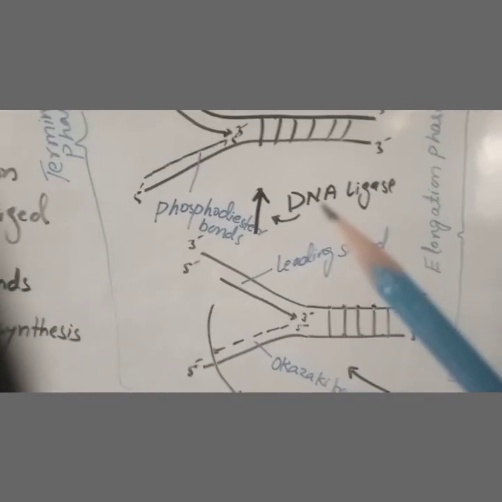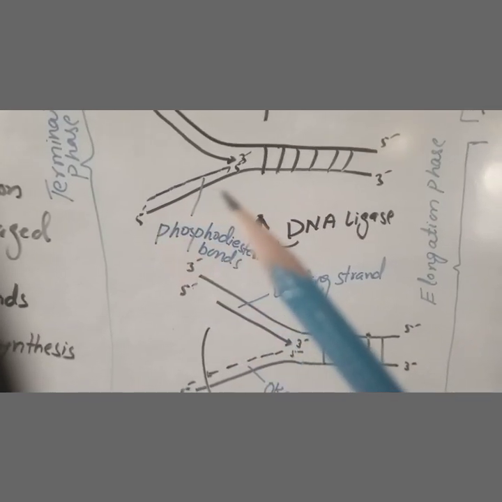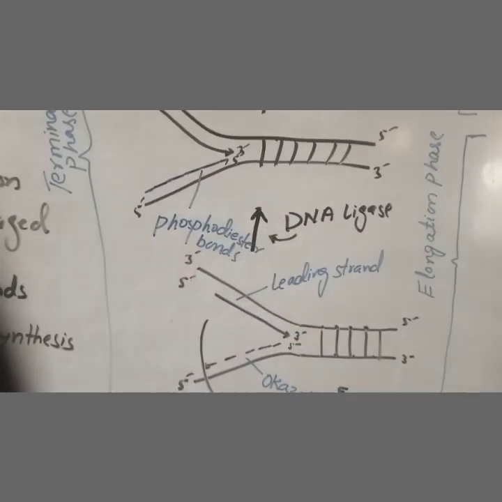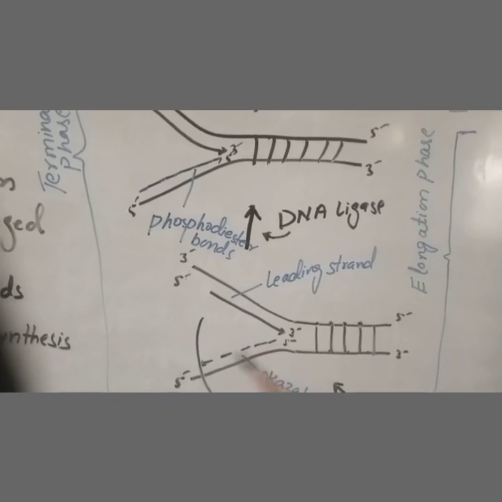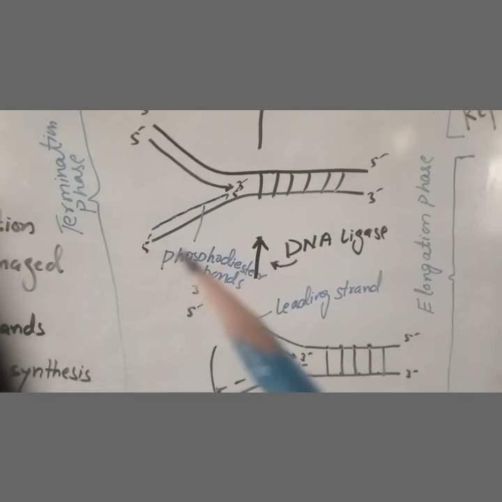After that, DNA ligase comes, which forms phosphodiester bonds, or covalent bonds, between these fragments to form a continuous strand.